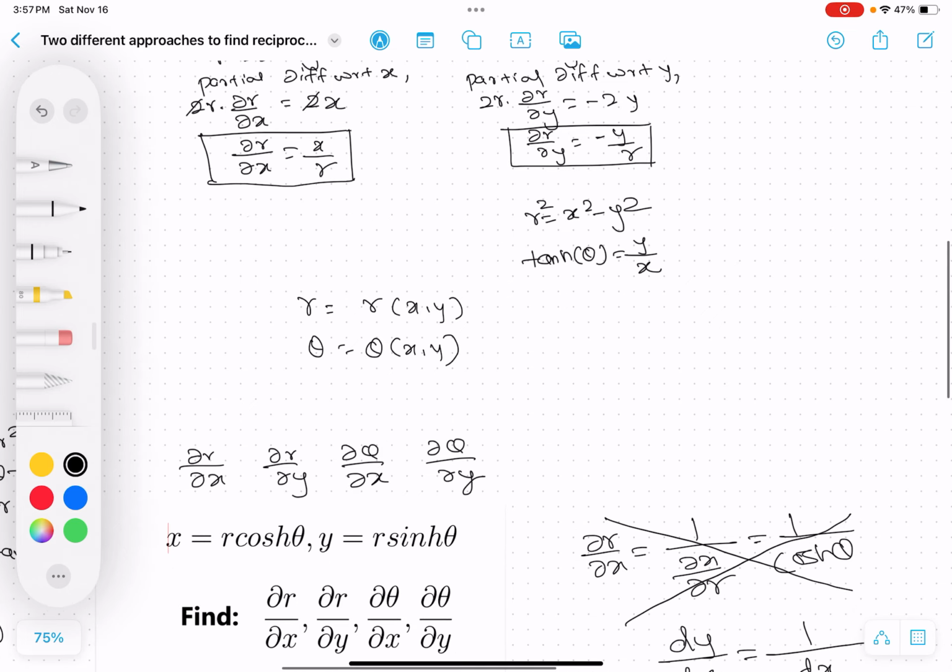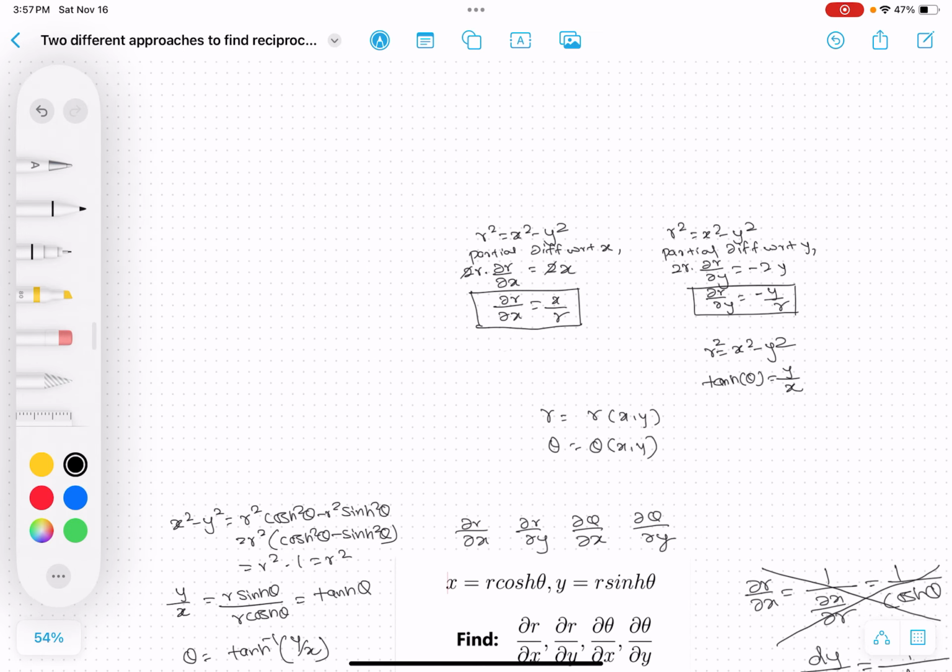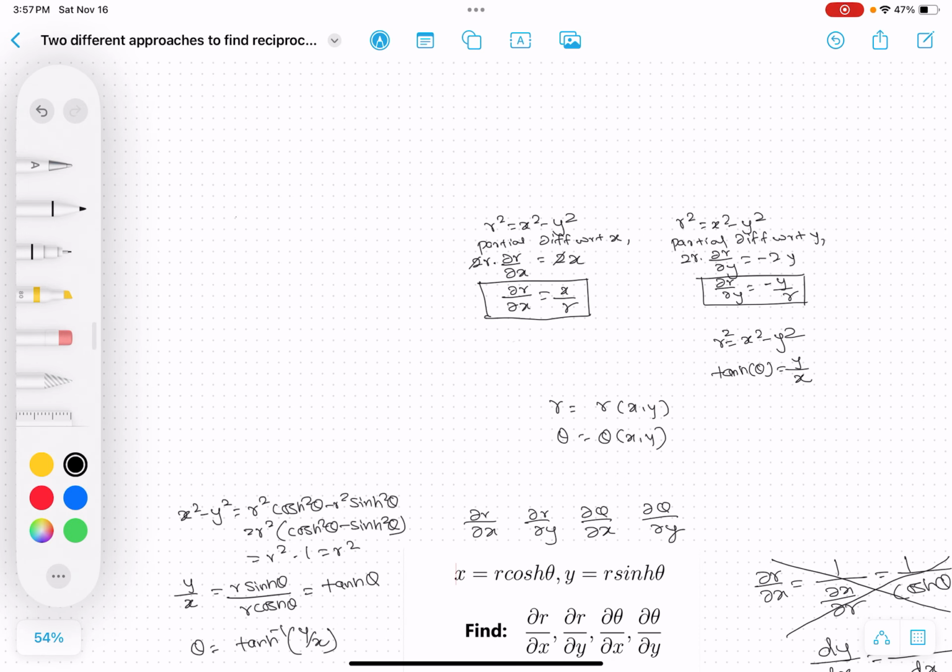Okay. So now after we have these two, we are ready to go to theta. We also know that tanh theta is y by x, right? So let me make a partial differentiation with respect to x. This will just be sech square theta times partial theta by partial x, and this will be minus y by x square, right? Is it sech? Yeah, it's sech.